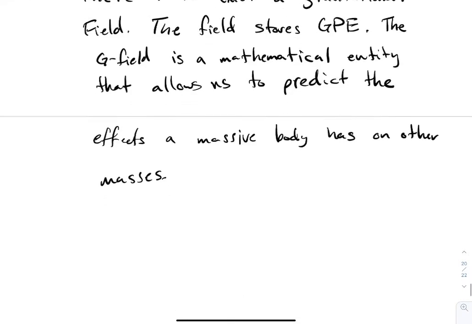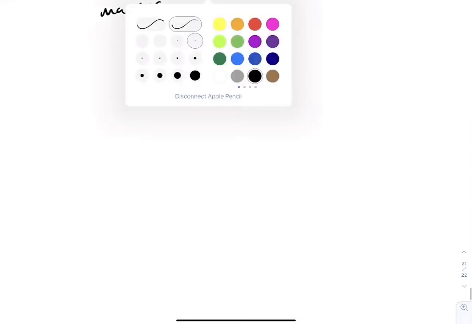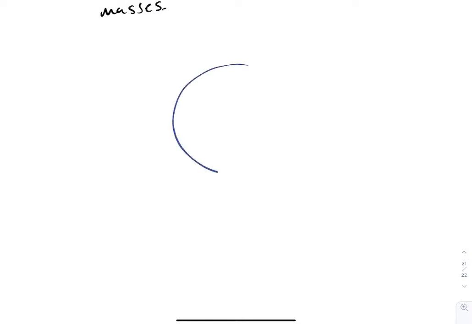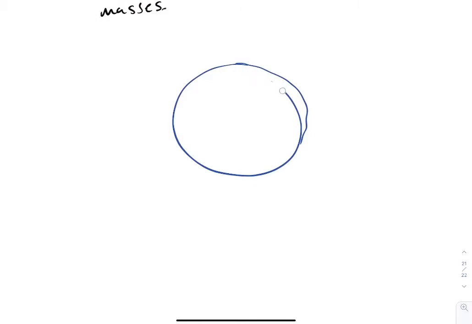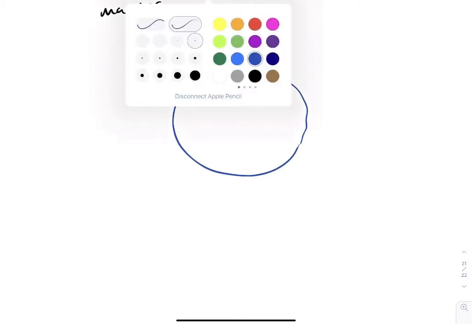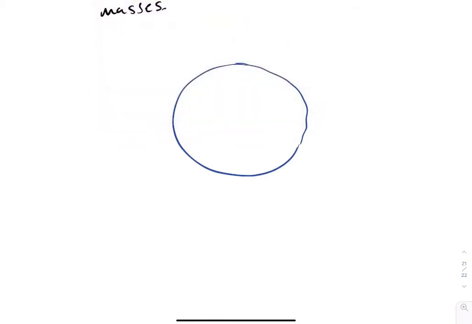In general, for our Earth, Mother Earth, there it is, very blue. Not as blue as Uranus, believe it or not, but still very blue. Earth will have a gravitational field, a G field for short, that is radial and always pointed toward the center of the Earth.